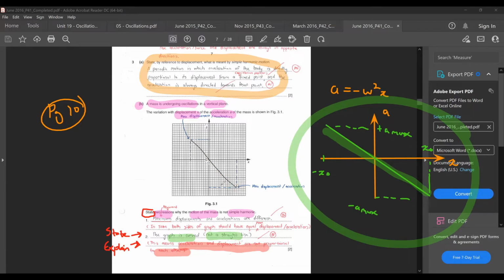This part is not really the same as this part. They're not symmetrical. But instead of using the term symmetrical, how are you going to word it properly?